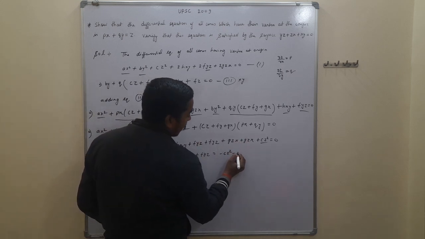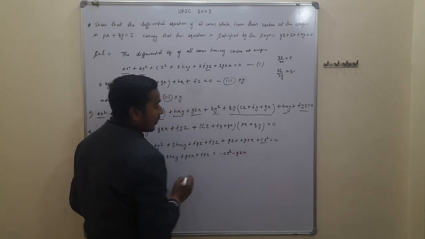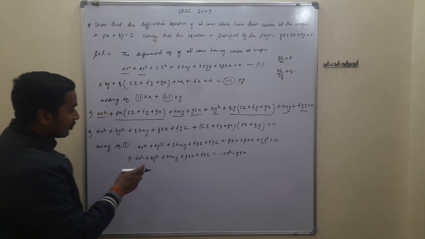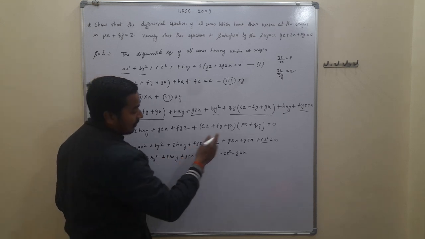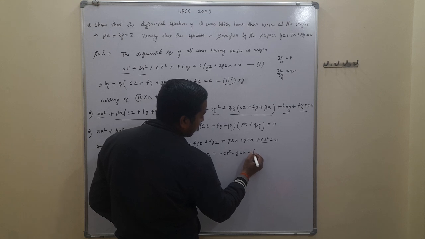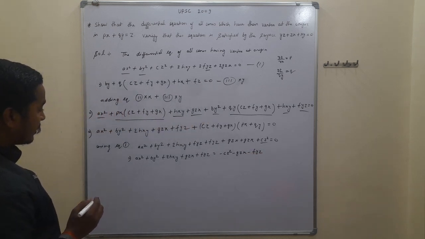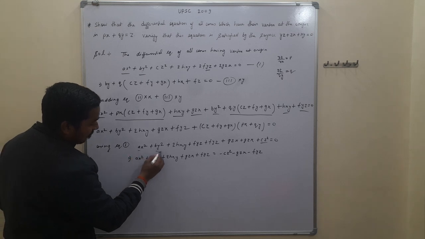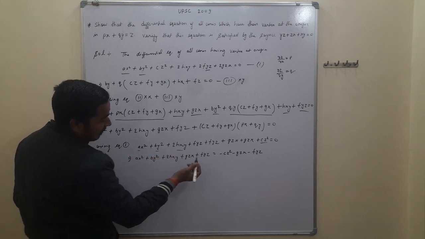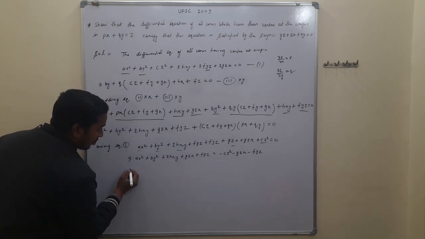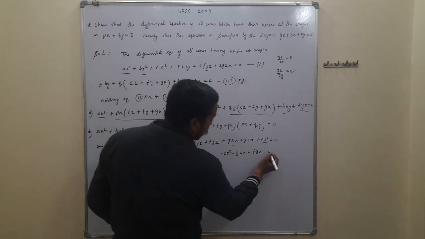This gives minus gzx, and further one fyz is taken to the left and one fyz to the right. This gives minus fyz, and the remaining is once again ax² plus by² plus 2hxy plus gzx, and cz².